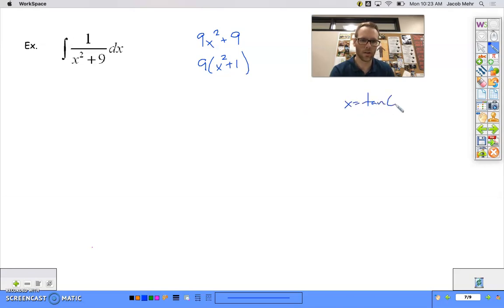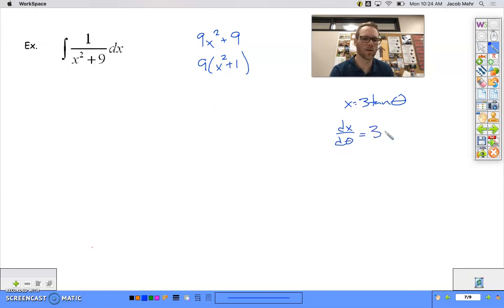the tangent of theta. Then we're going to have, well, I almost did it again here. Then we'd have tangent squared plus 9, but we don't want tangent squared plus 9. We want 9 tangent squared plus 9, so we're going to sneak a 3 in there: 3 tangent of theta. That way when we square it, we get 9 tangent squared, and we can factor out that 9. All right, let's solve for dx. dx d theta, and the 3 would be in front.